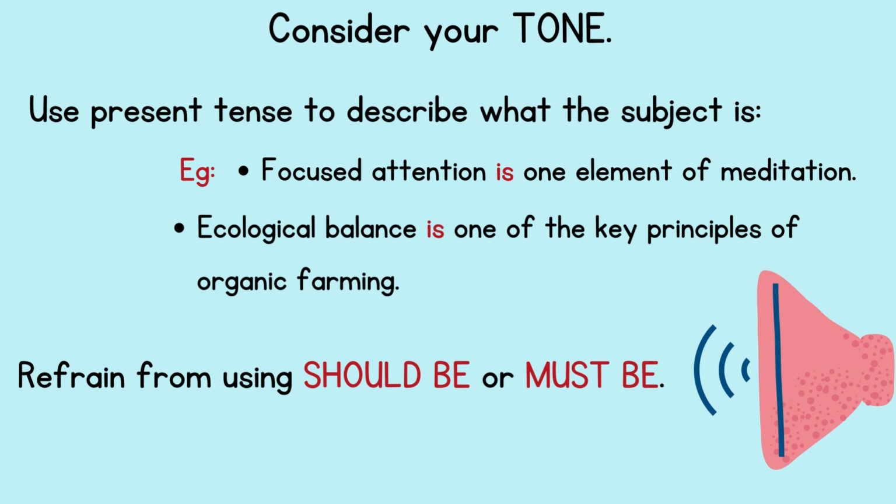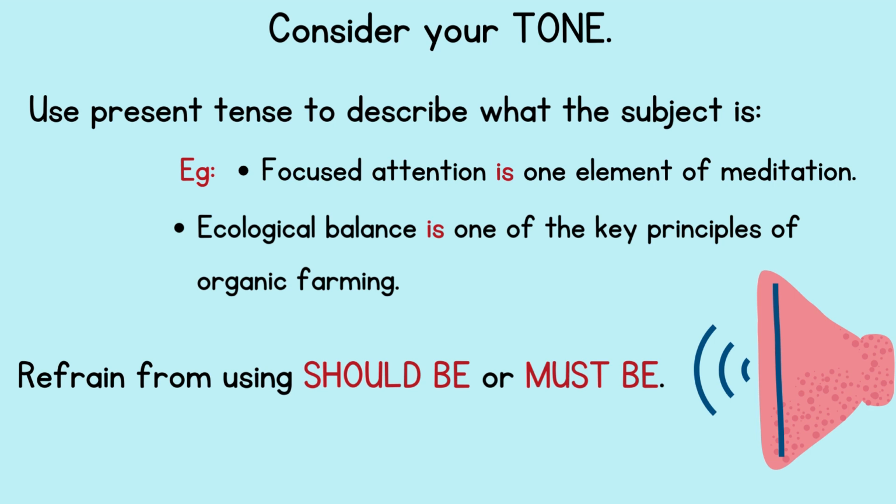And the last thing here is to refrain from using should be or must be to describe the subject, right? We can't say focused attention should be one element of meditation or ecological balance must be one key principle of organic farming. No, right?